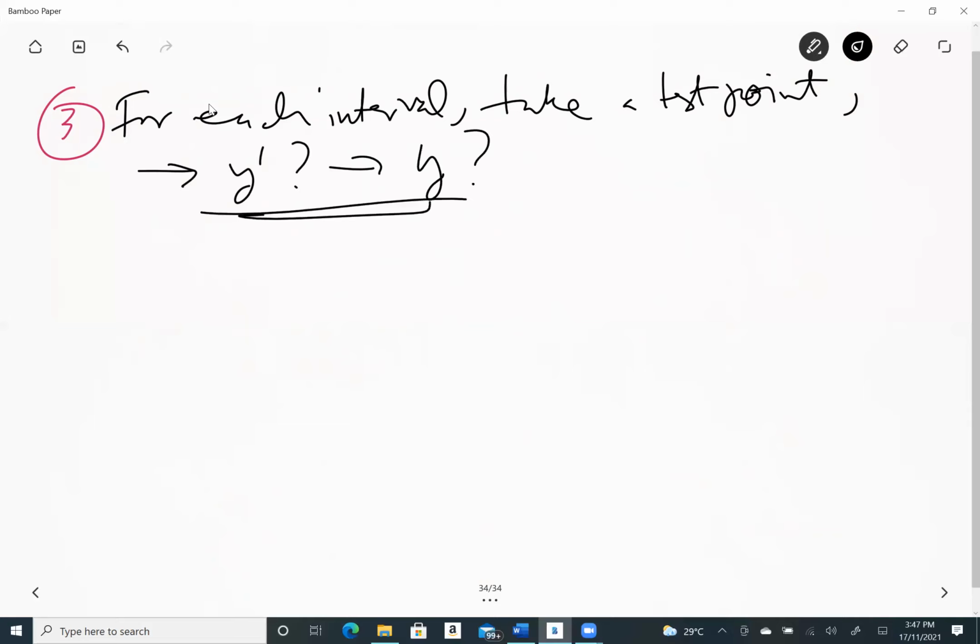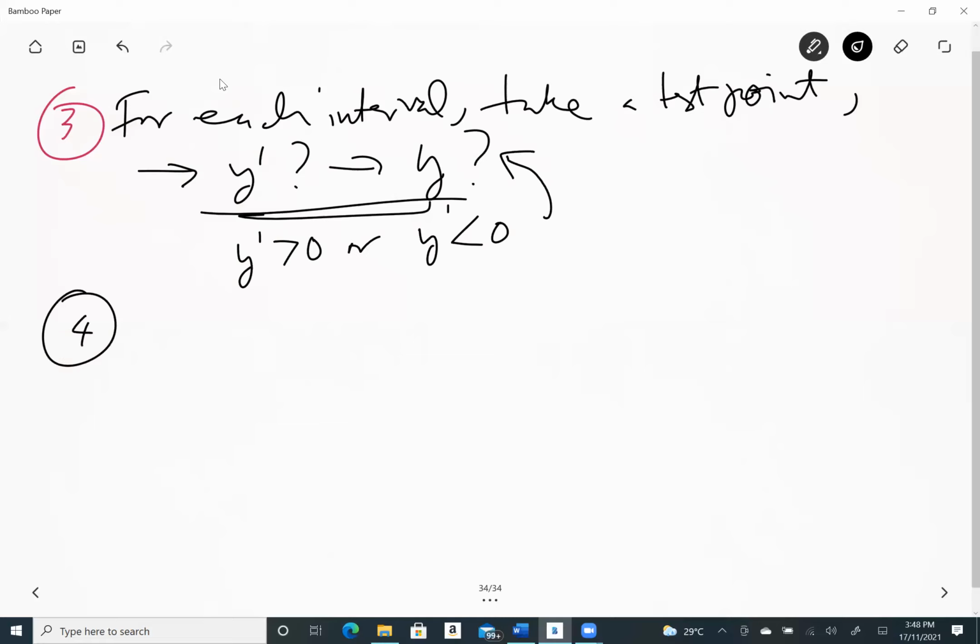The detail here we'll do by an example. You check whether the y prime is negative or positive, from which you can see the behavior of the function. So that's basically the test.